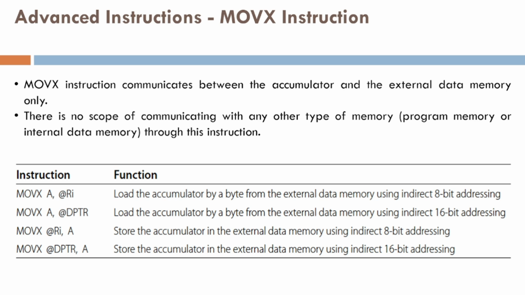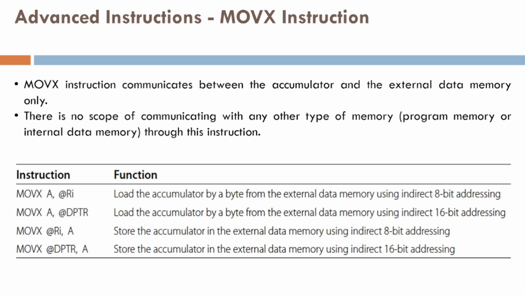So as we know, in bank 0, register R0 and register R1 are the only registers that can be used as a memory pointer.